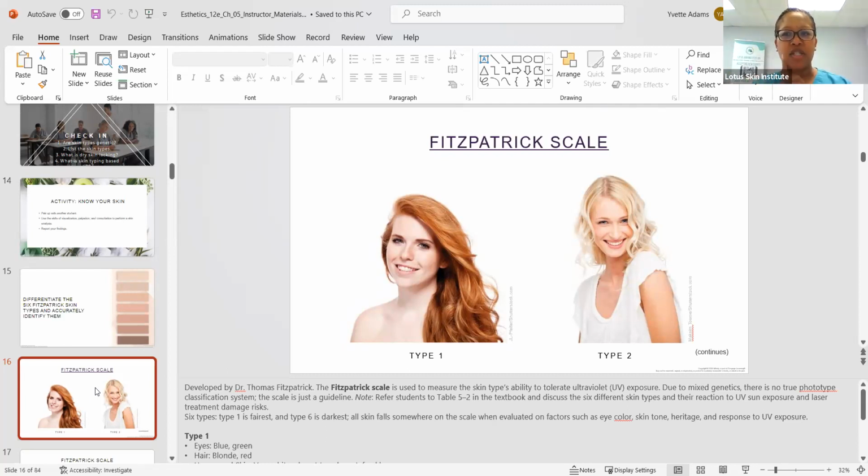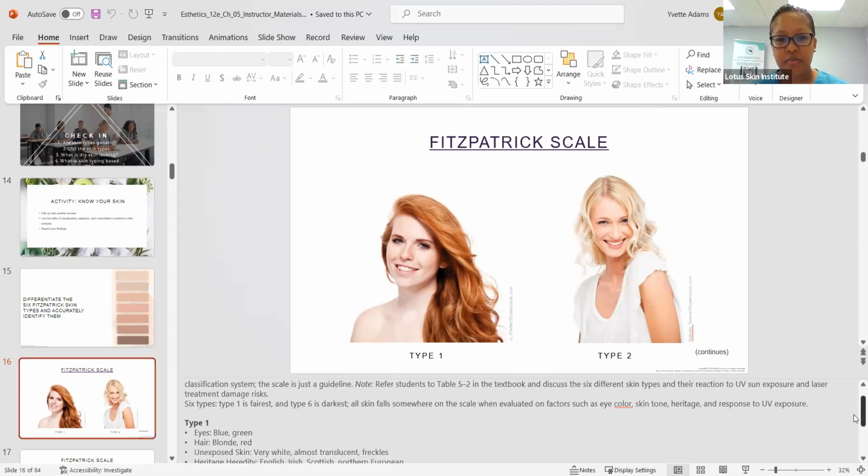Photo meaning what we're just talking about, right? So type 1 is the fairest, type 6 is the darkest. All skin falls somewhere on the scale when you're looking at things like eye color, skin tone, heritage. A lot of Fitzpatrick skin types are associated with certain ethnicities, and then response to UV exposure.